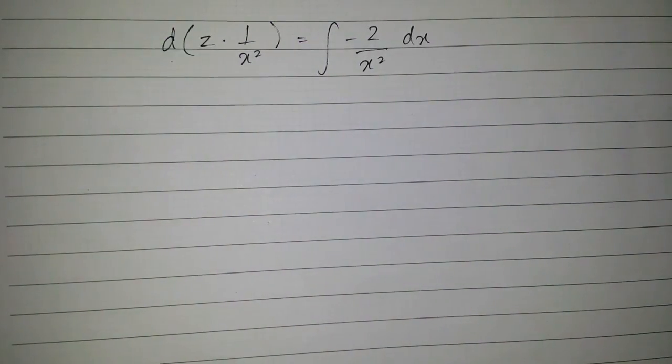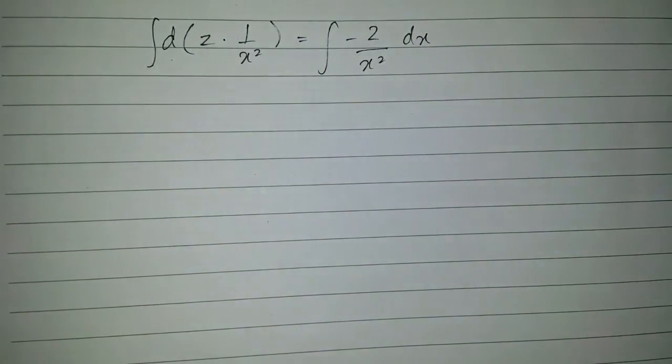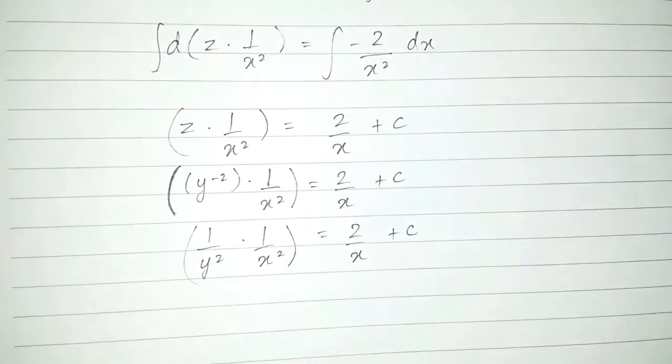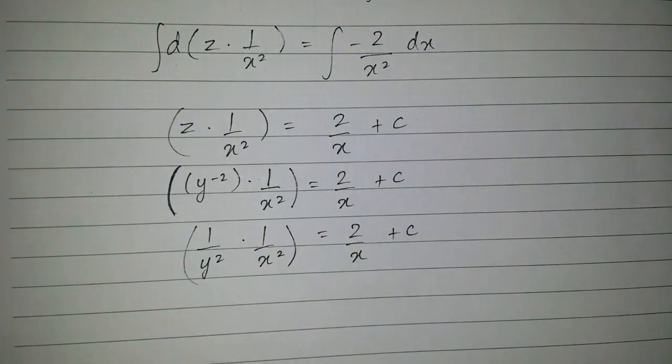So integrating on both sides, the integral would look like this. Now we will put back the value of z in it. There, that's the solution of this differential equation.